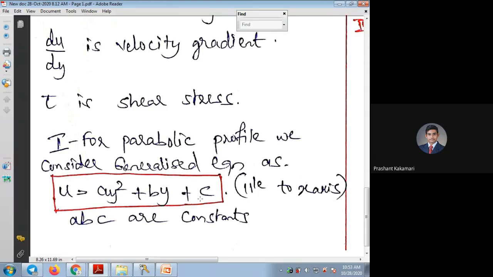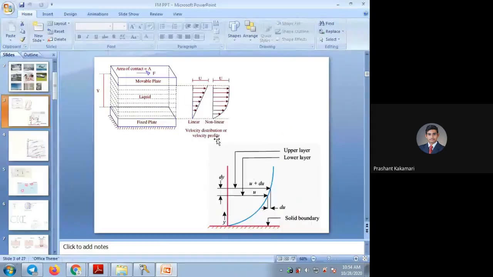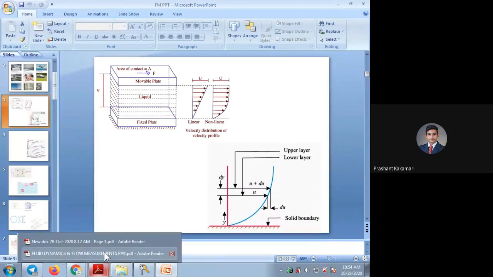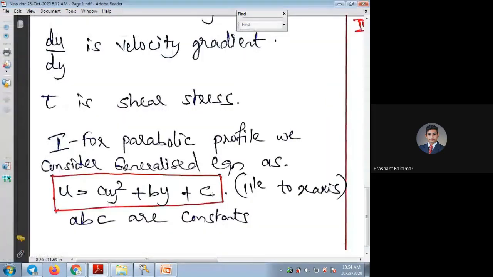These two, b and c, will be constants. I can consider this for a straight line or a linear variation like this. For this linear variation, a straight line at an angle, as shown, that line I can consider as b y plus c. So for parabola, we'll consider a y square plus b y plus c.